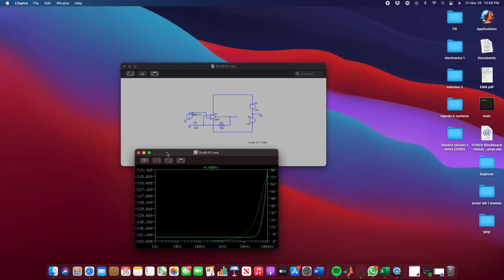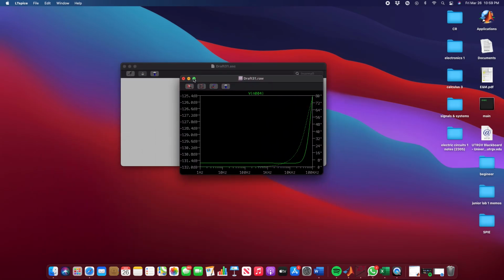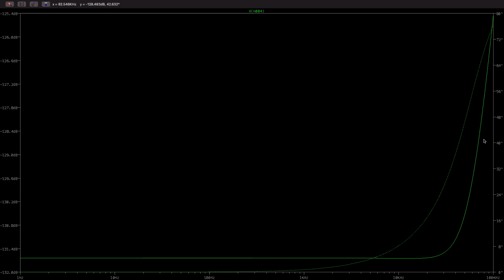And again, we can tell right here that we obtain this dashed line, which is our Bode phase, and we obtain our Bode magnitude, which is represented by this solid curve right here. Pretty much that's it.